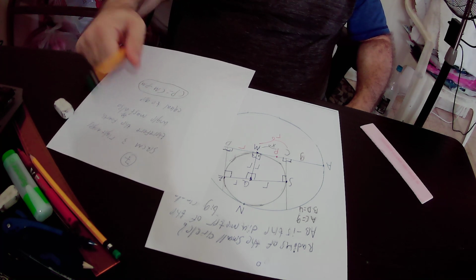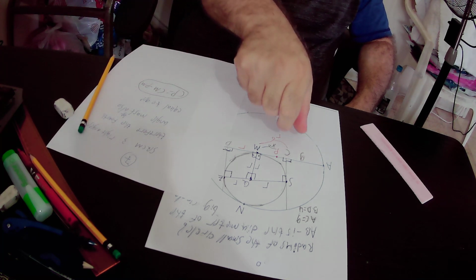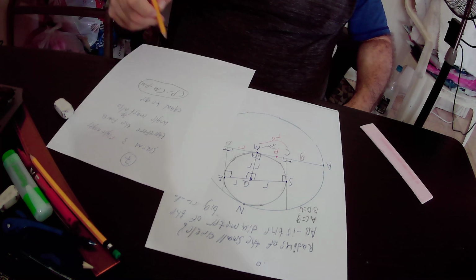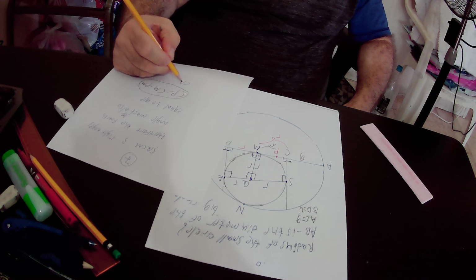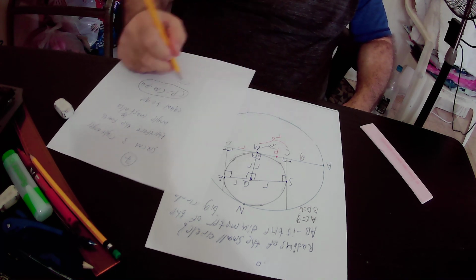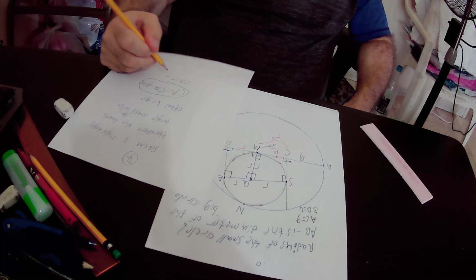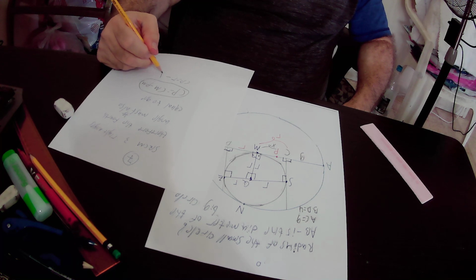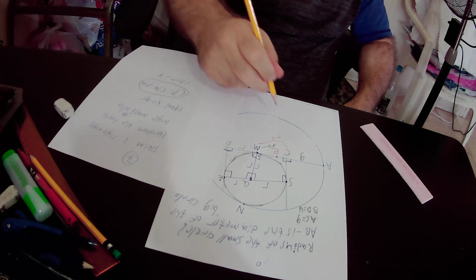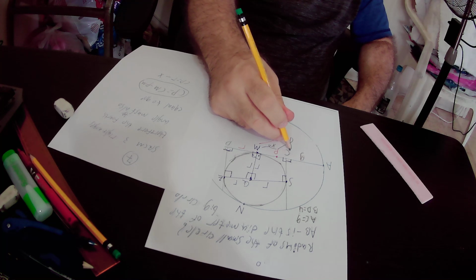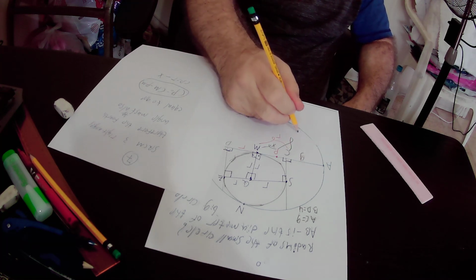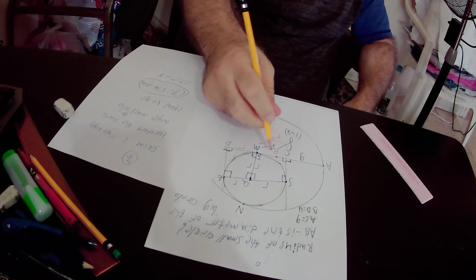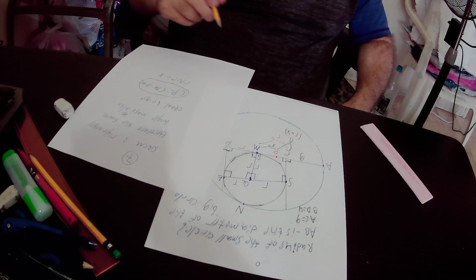Very simple. CP equals CM, that is small r, minus PM that we defined as X. So actually CP equals r minus X.